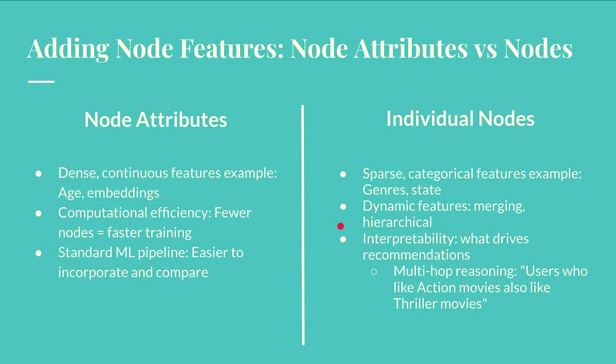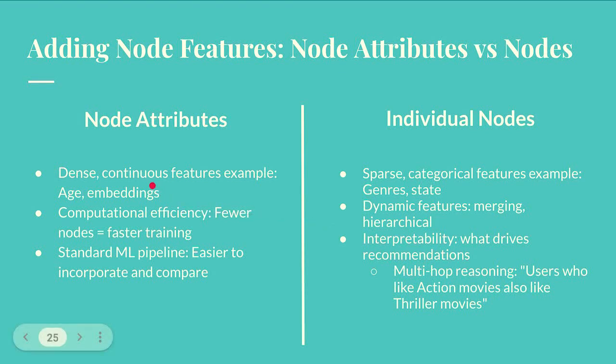So we've talked about two ways to add features to our graph model. But what is the difference between them? In the first case, we're adding this matrix information directly to the graph model. And in the second case, we're changing the topology to have more nodes, or categorical feature nodes, in the graph structure.